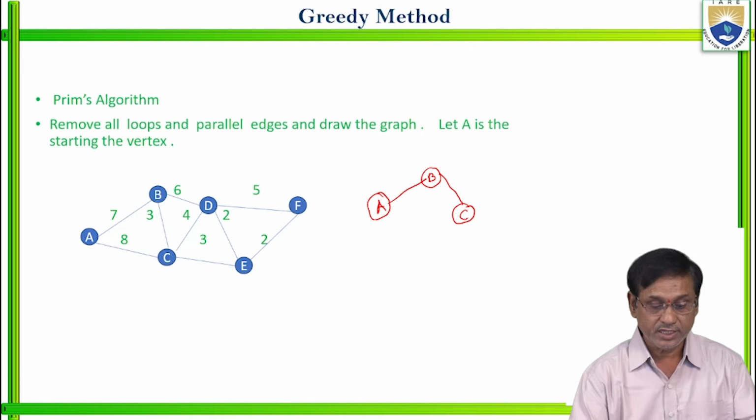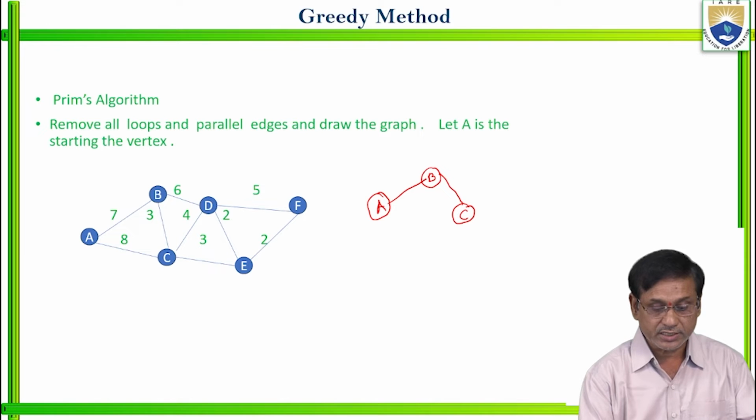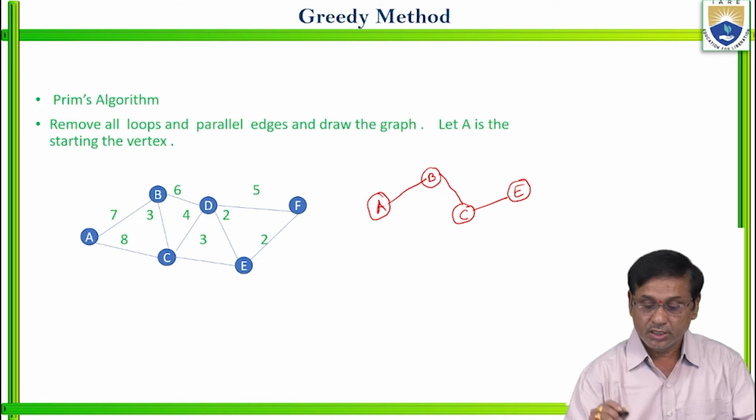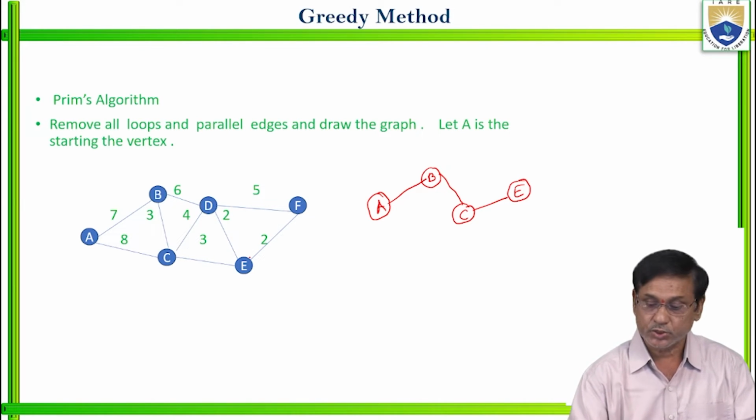Next, select a vertex nearer to A or B or C. So the nearest vertex to C is E, because it is having only 3. Now select a vertex nearest to A or B or C or E. Now you can consider D is nearest to E, so you can consider this.